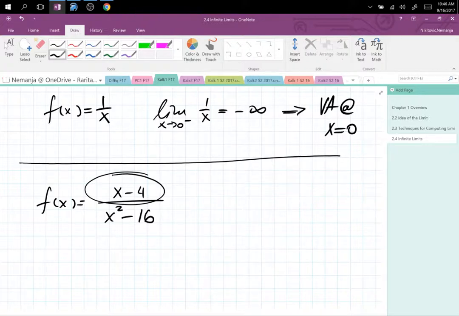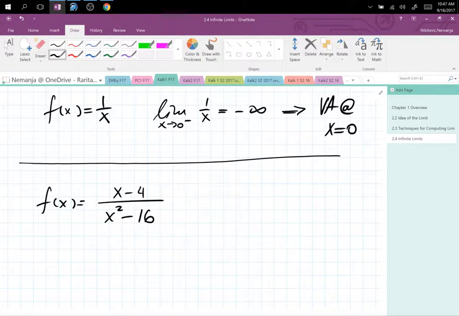Now, I'm going to use calculus to prove that. So this is what we're going to do. We are going to set the denominator to 0. But that will not necessarily give us asymptotes. That is going to give us all candidates for asymptotes.